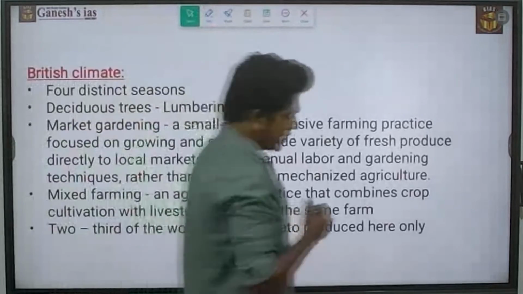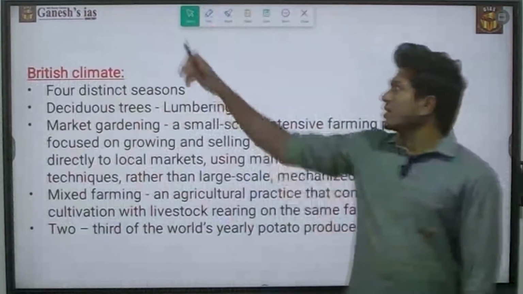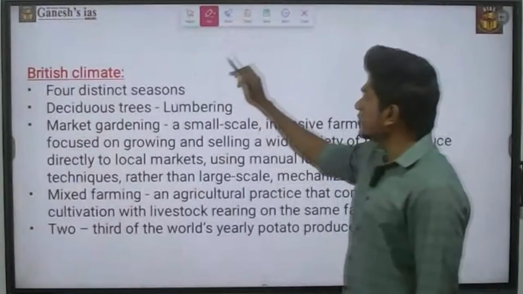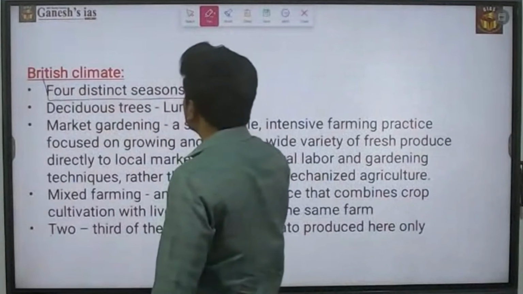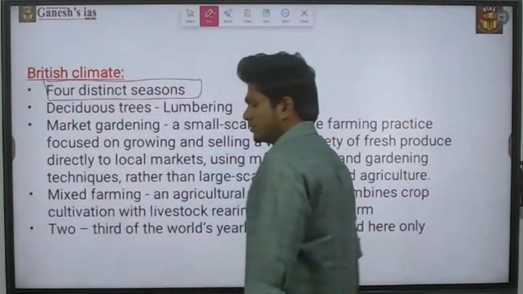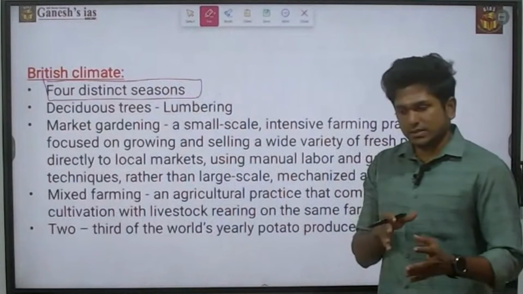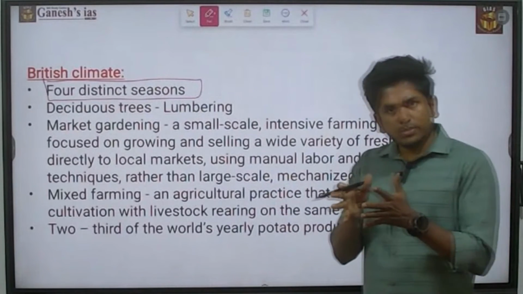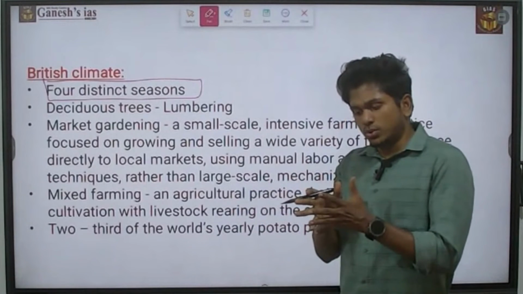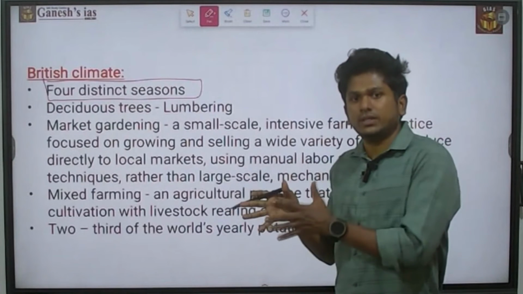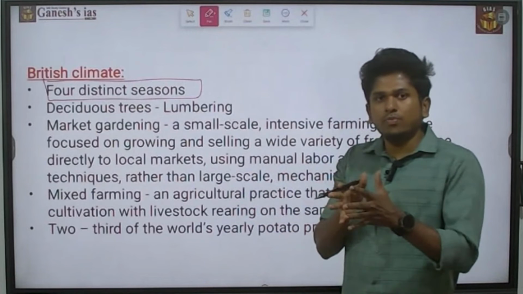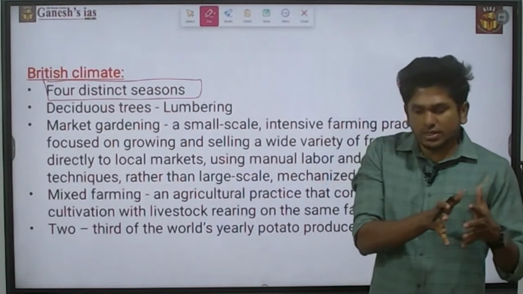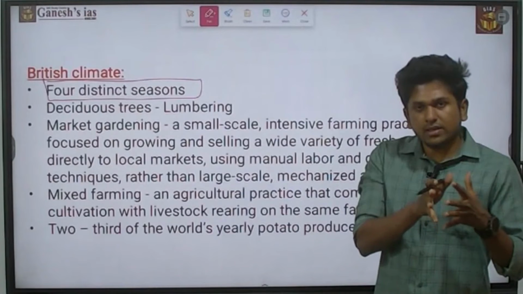Next is the British climate. When it comes to the British climate, the unique factor is four distinct seasons. Let's compare it with the Indian monsoon. Here in the winter time also there will be rainfall. So the winter won't behave like a winter, and the summer won't behave like a summer, which means in the summer there will be some rainfall.